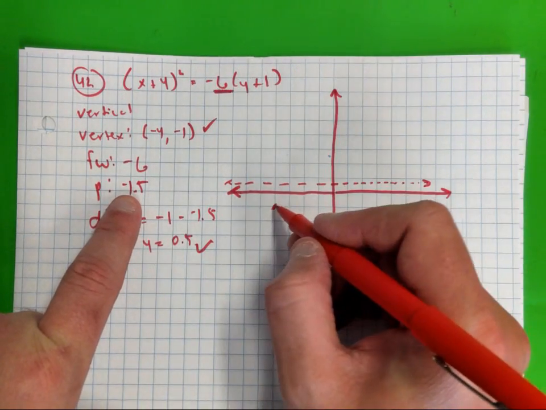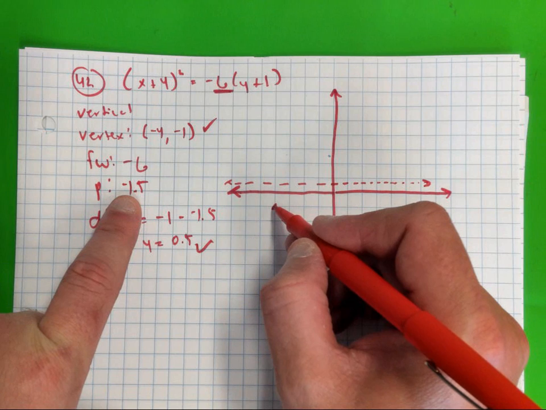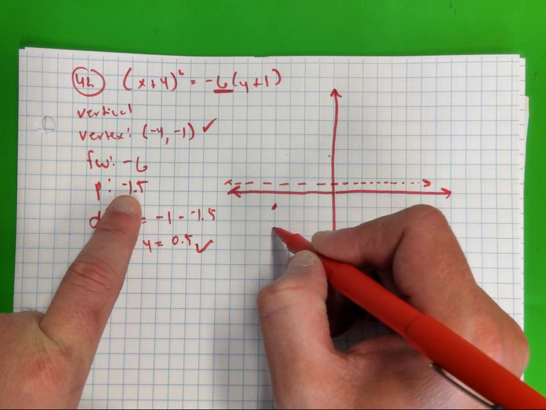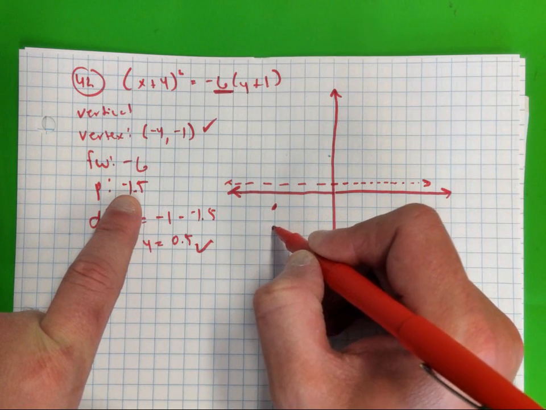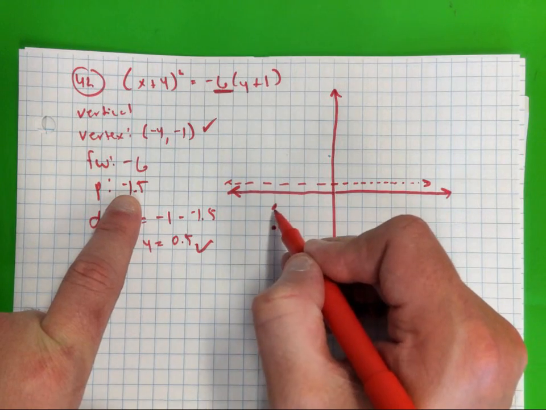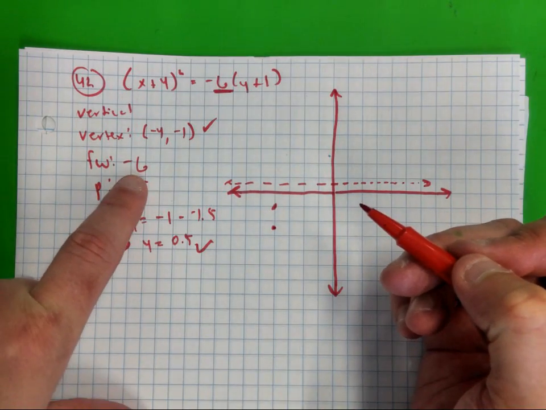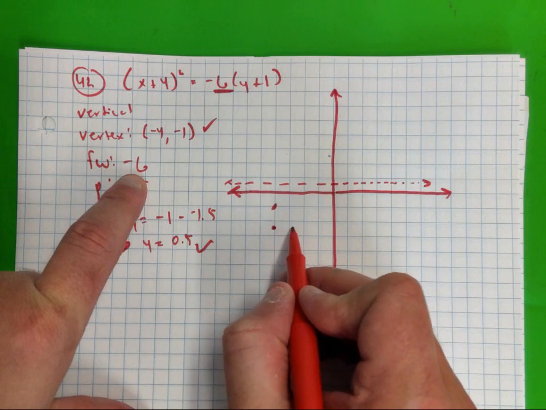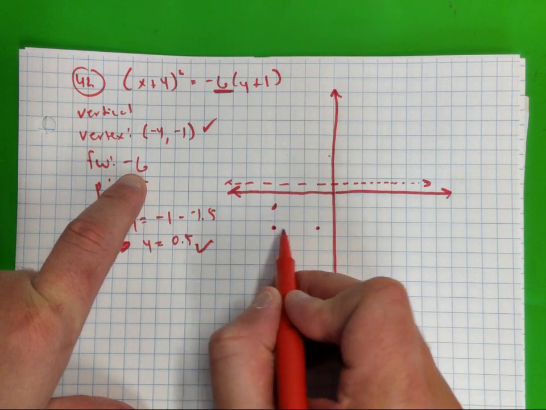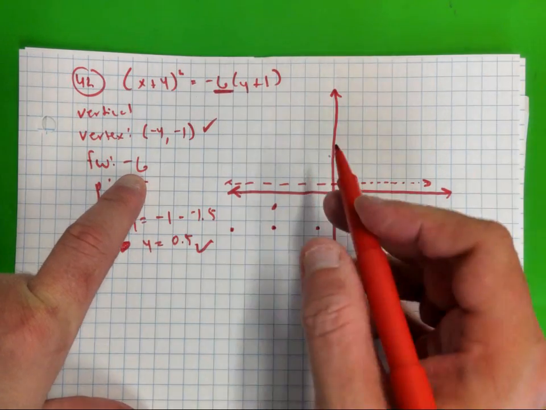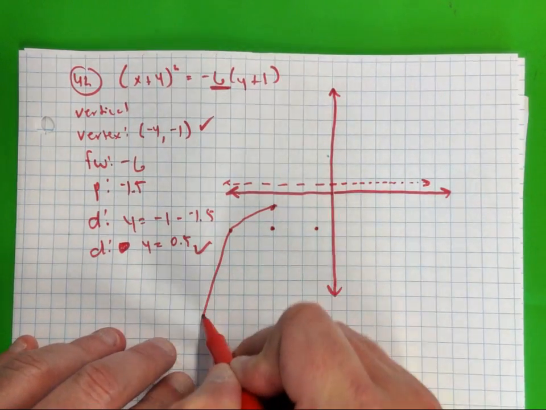I'm going to go in my opposite direction for my focus. Okay, so that's right here, and that makes sense because this is 1.5, this is 1.5. My focal width is -6, so I'm going to go 3 on each side. And then draw my parabola.